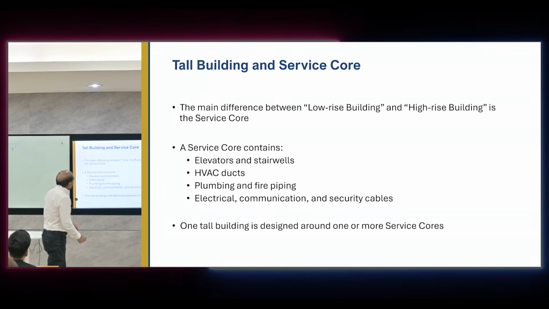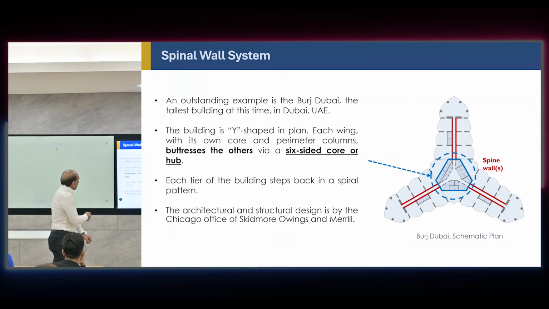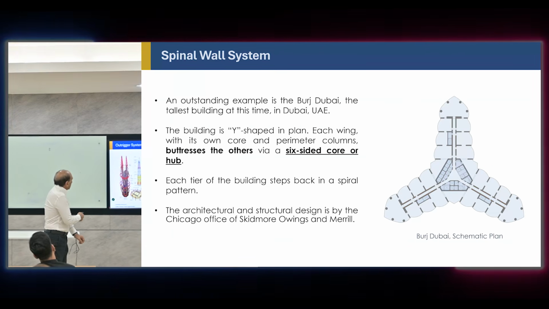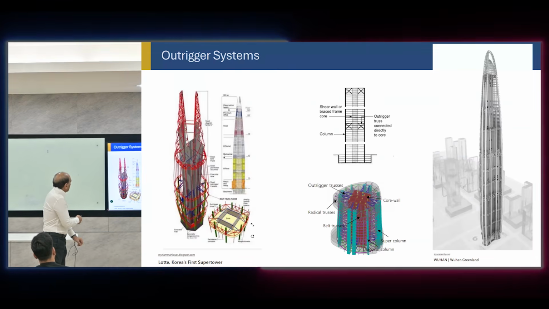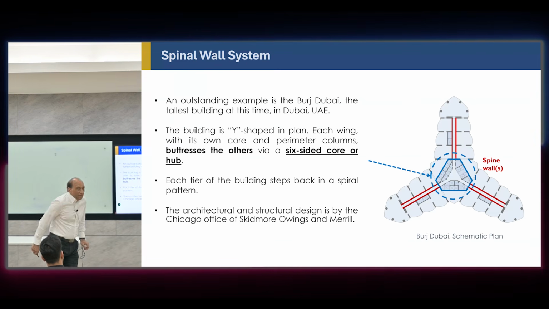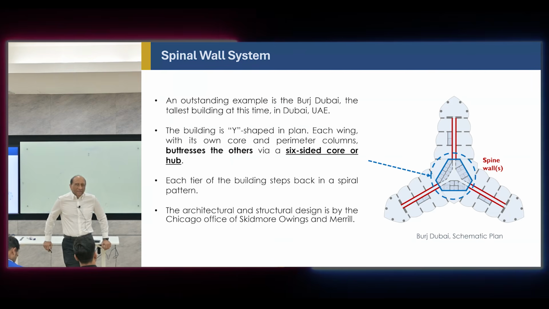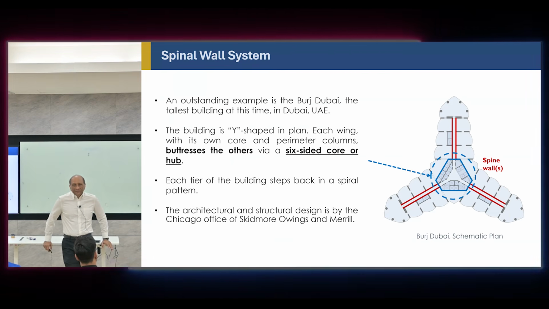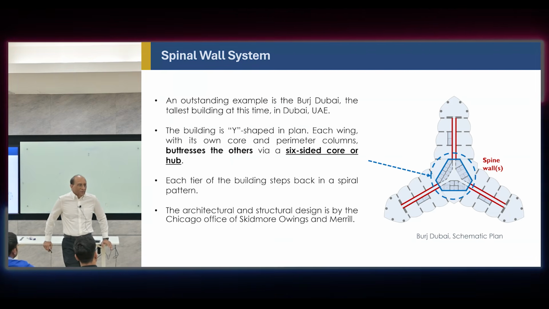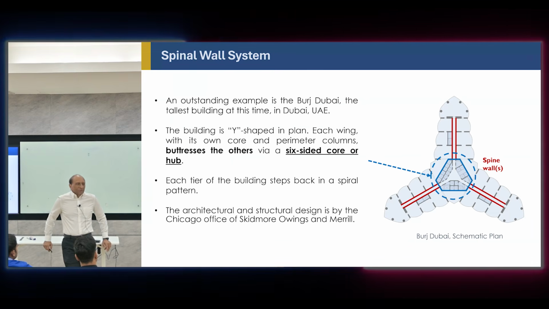As I mentioned to you, one of the key differences between the normal building and the tall building is the core, which I highlighted here. The core is like the spine of the building, just like the human spine. This is where the nervous system is. This is where all the strength is.